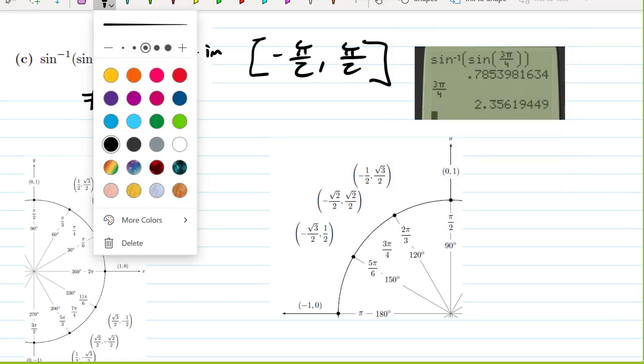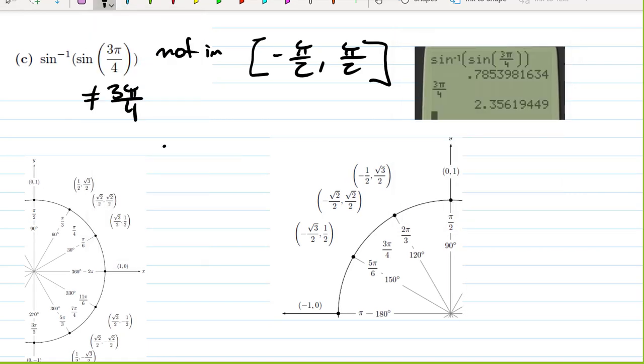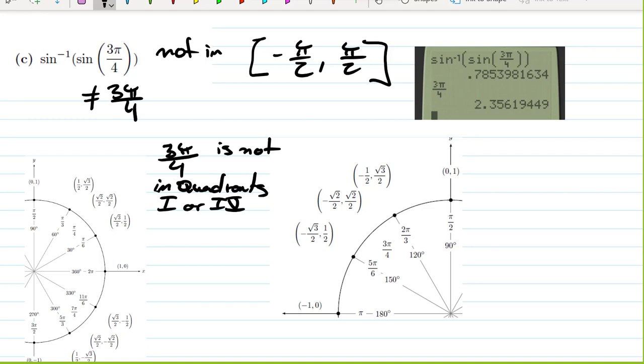So if we take a look at 3 pi over 4, that's here.